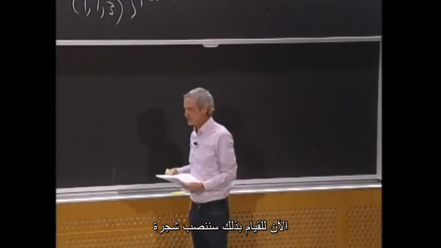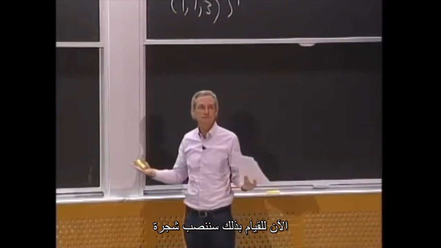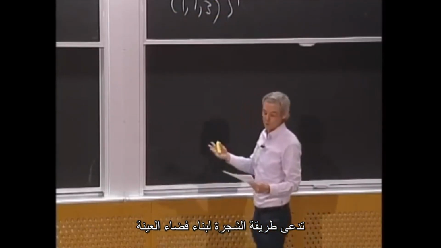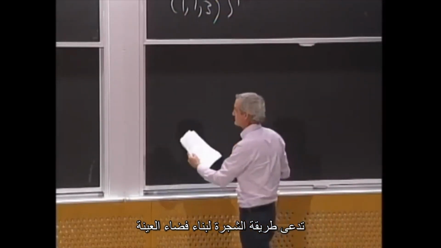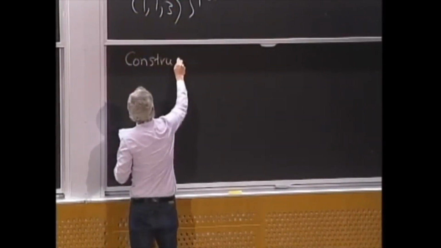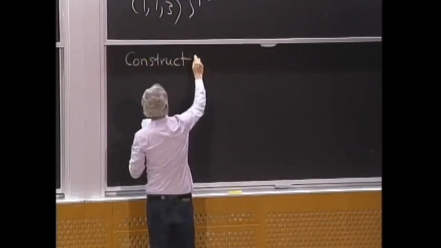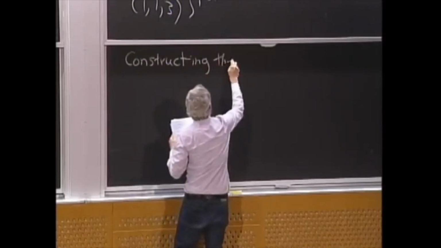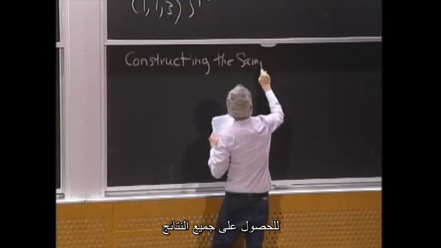Now, to do this, we're going to set up a tree. And we're going to use what's called the tree method to construct the sample space. Getting all the outcomes.